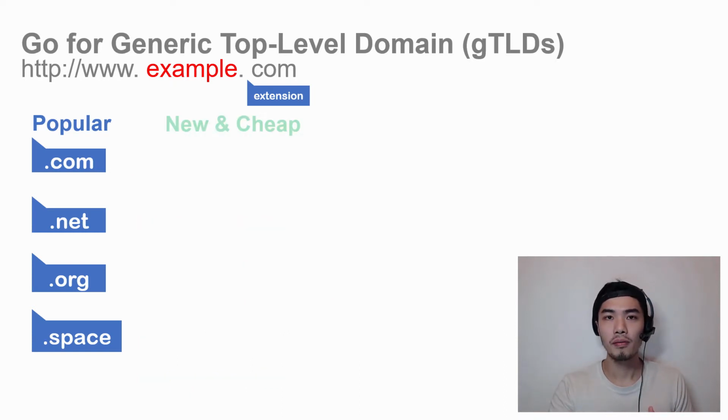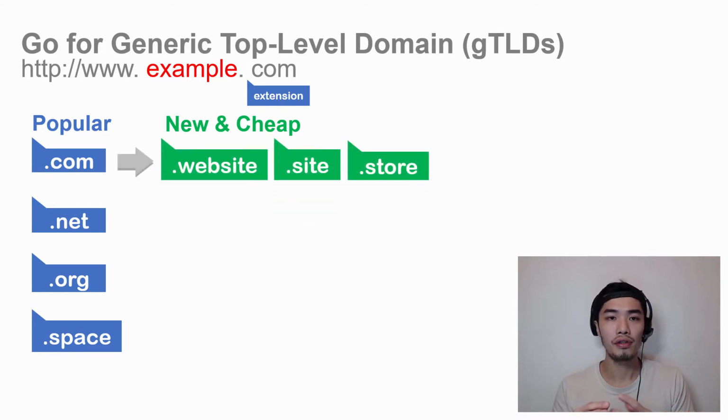Right now there are so many cheap new generic domain names that you can choose. If you want to go for .com, you can choose other new generic top-level domain names such as .website, .site, or .store. .site is pretty much new and it is a perfect replacement for .com.